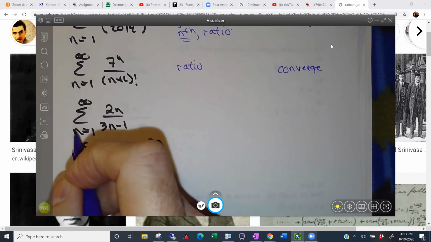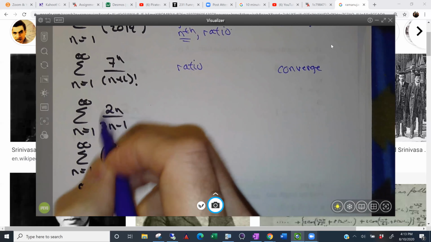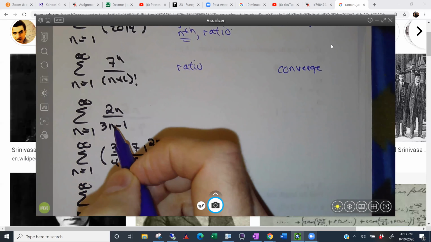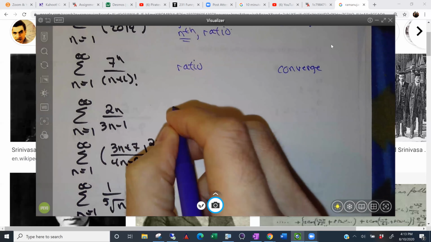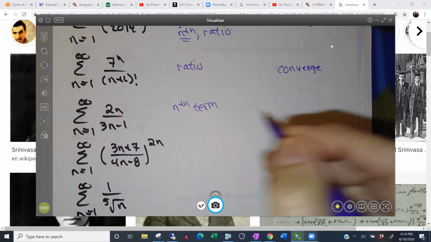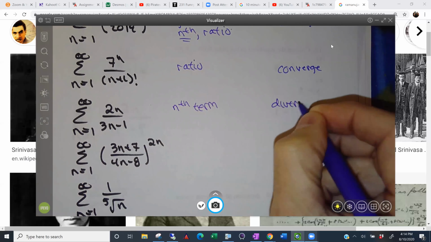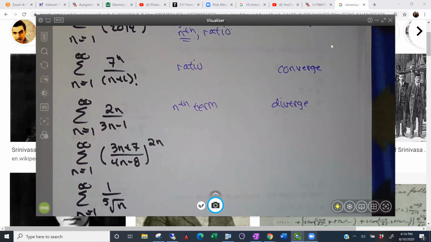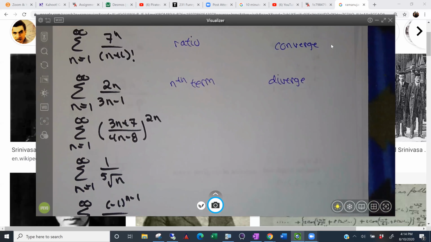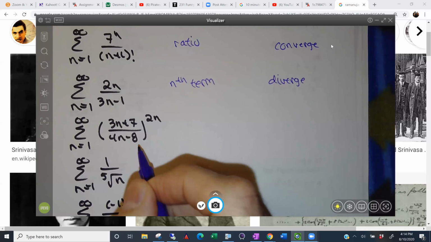No. These terms have to get close to 0 relatively quickly in order for this to converge, and it doesn't. So you can use the nth term test, and that's going to diverge. There might be some other tests you can use there, but I'm not seeing them.